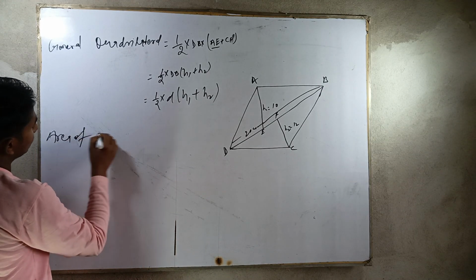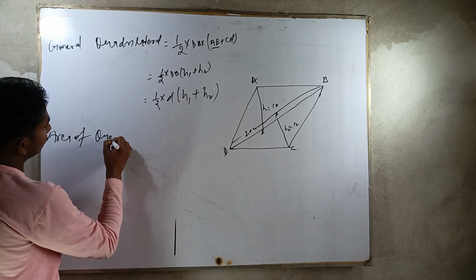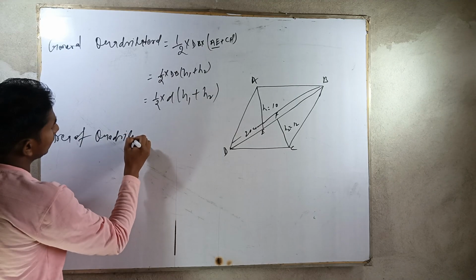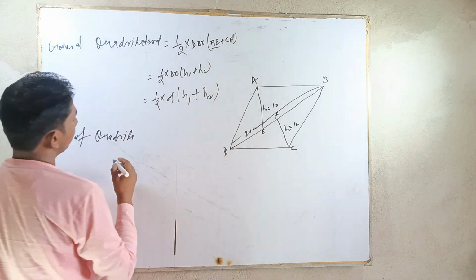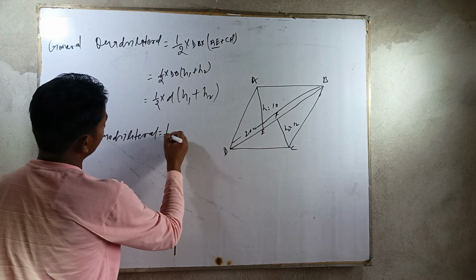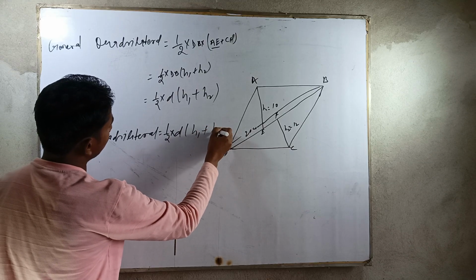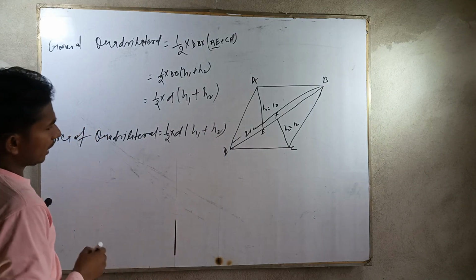Area of quadrilateral equals 1 by 2 into d into H1 plus H2.